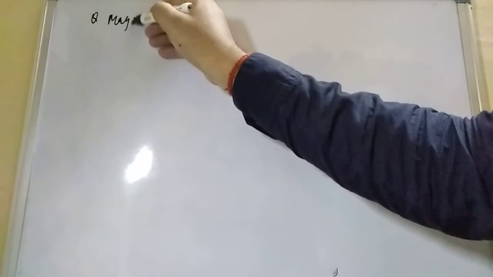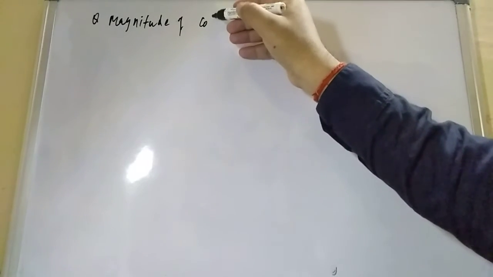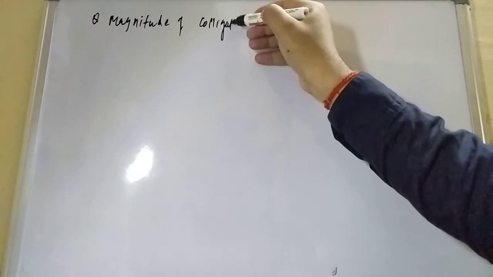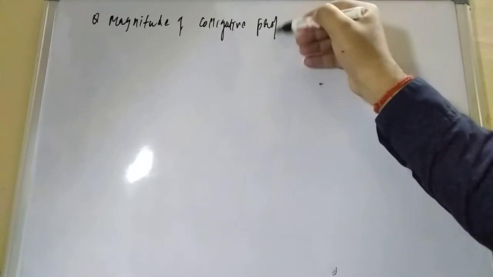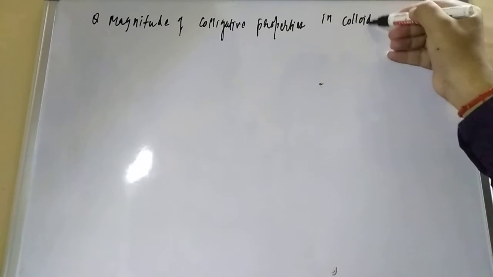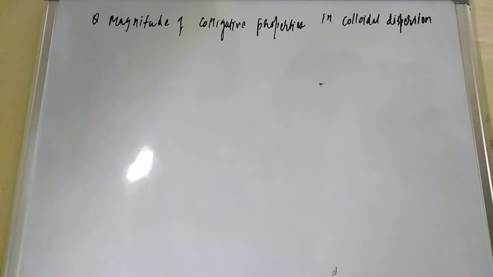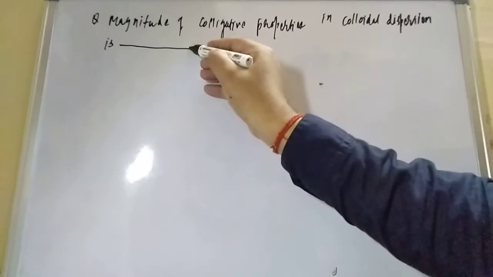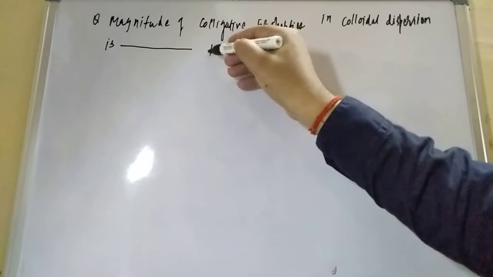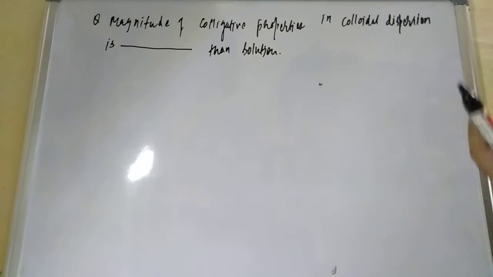They are saying the magnitude of colligative properties in colloidal dispersion is, compared to a solution, less than or more than.